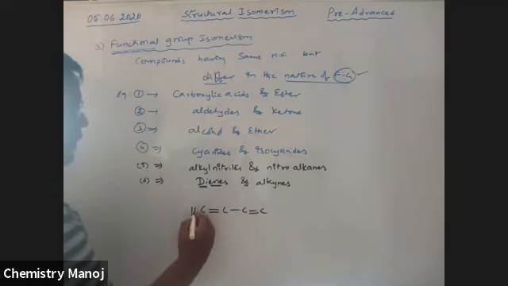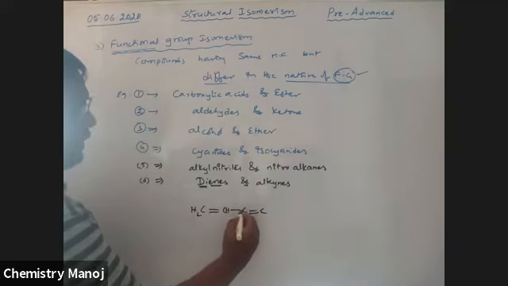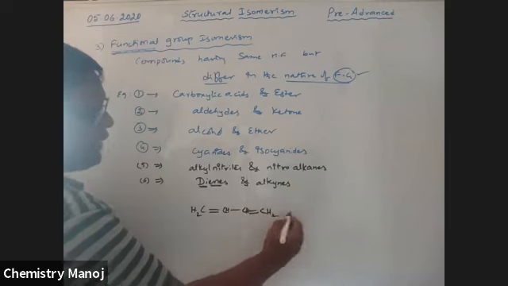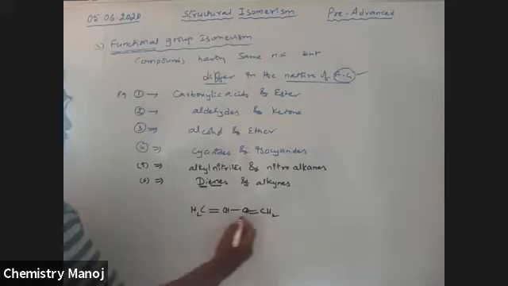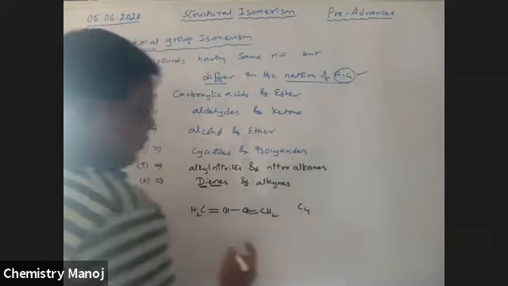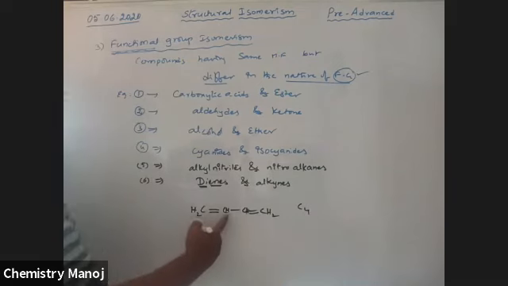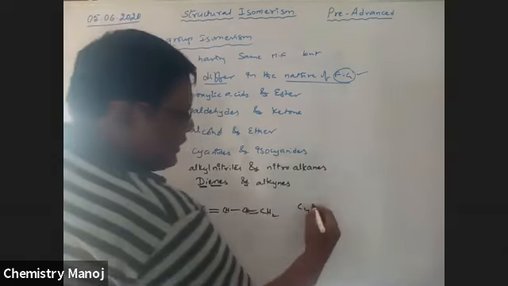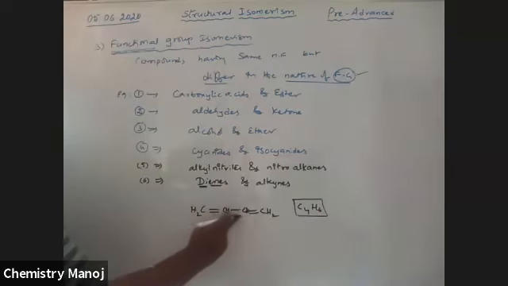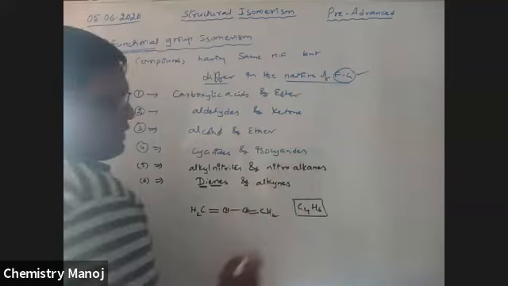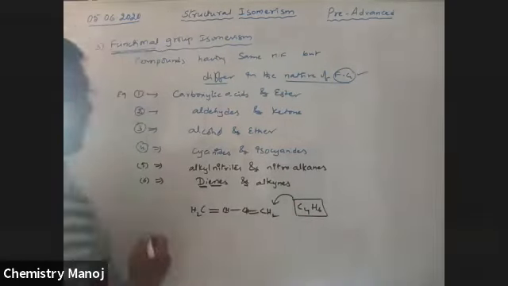So the compound is CH2=CH-CH=CH2. Now the formula is 4 carbons, hydrogens 2 plus 1 plus 1 plus 2, that is 6 hydrogens. It is the molecular formula of this compound.